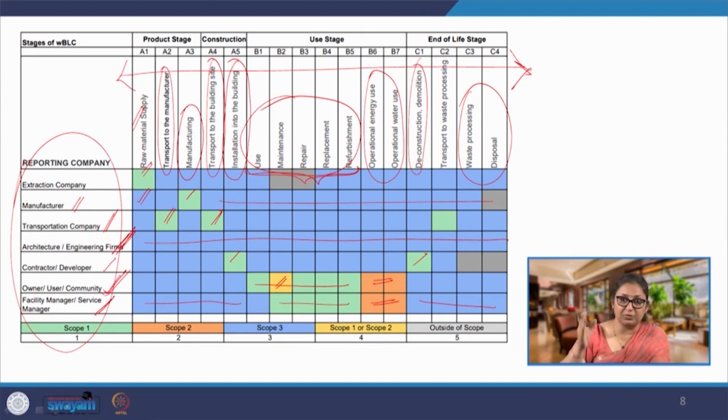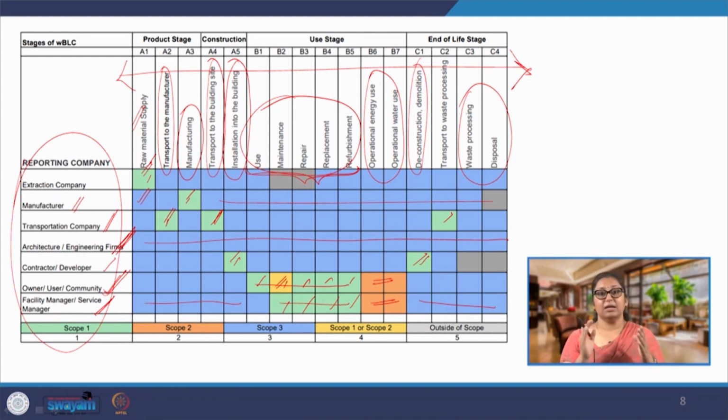They may have their scope 2 quite consistently, but one of these activities will always be scope 1 for somebody. So, if we look at all these activities, each of them is becoming scope 1 for some stakeholder or the other, except the operational energy use, or the electricity consumed in the facility during the entire life cycle. That is going to become scope 2 for one of the stakeholders.